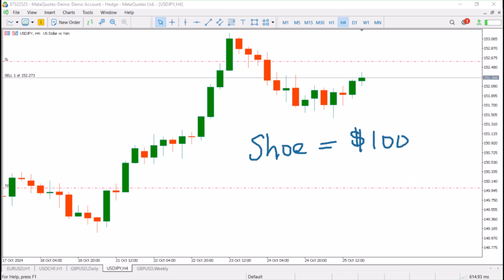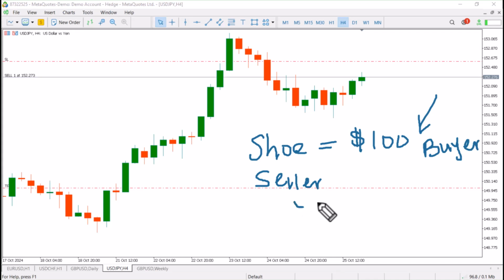Now let's say for instance you are this shoe seller, right? You are the seller here, and the buyer wants to pay $100, and you as the seller, you are not willing to sell at $100. You can raise the price up. So the order you use to raise the price up to like $120 or $150 is what we are going to discuss in the next section.